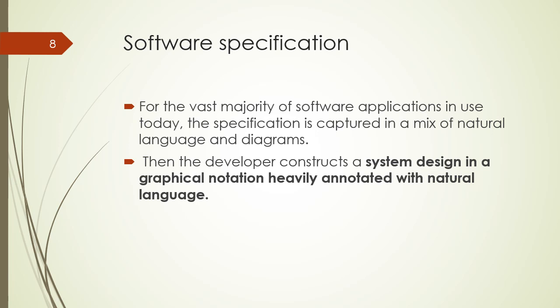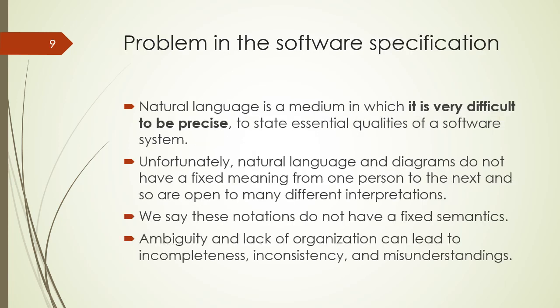Such graphical notations or diagrams contain text which actually describes our specifications. Students, we have discussed in previous slides that a developer processes the customer statement of requirements and produces a refined statement of specification, but again in natural language.